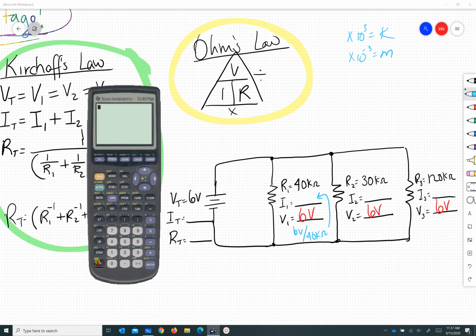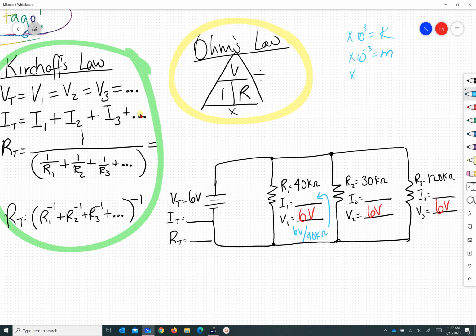All right, so let's plug this value in. 6 divided by 40 kilo. 40 second, comma, that's times 10 to the third, that's kilo. So 6 volts divided by 40 kilo ohms gives us 150. Oh, I didn't remind you of this one. Times 10 to the negative 6 is micro. So 150 micro.